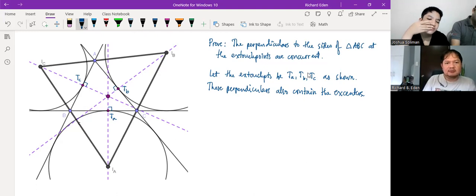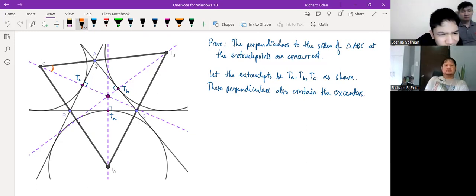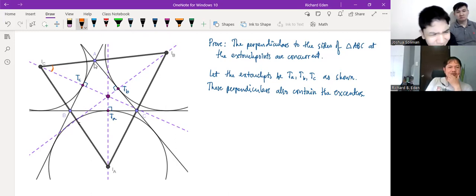So we know that this angle, you said you can find these angles, no? So for instance, Joshua, what is this angle in orange? How would you best describe the measure of that angle? It is complementary to the external angle bisector. Yes.